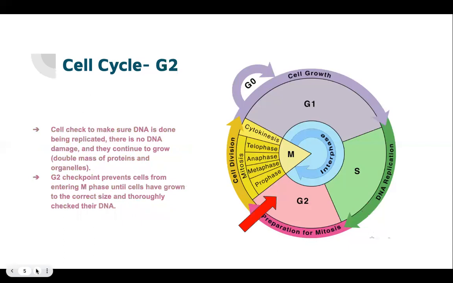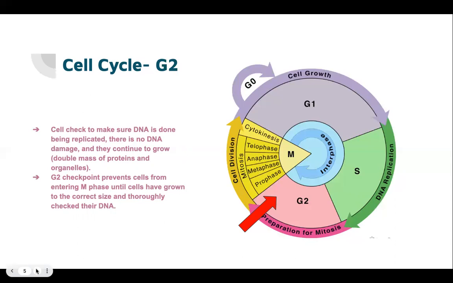And then in G2, this is the preparation just before mitosis. And so the cell is going to make sure that all the DNA has been replicated in the previous S phase, and to make sure that there aren't any major pieces of DNA damage that haven't been repaired yet from S phase, and to make sure they continue to grow and prepare more proteins, nutrients, and organelles to be able to split off.